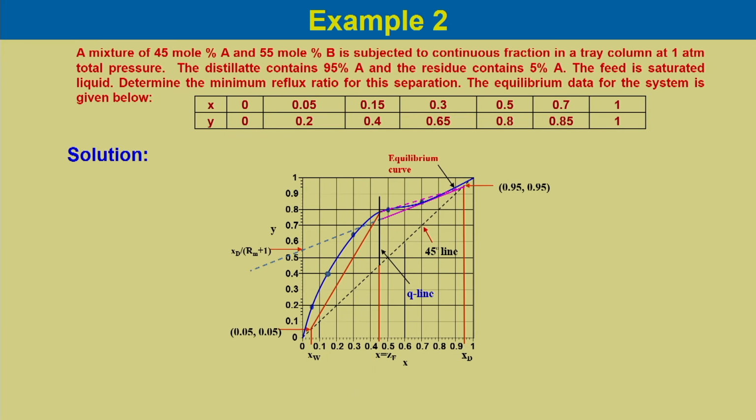To do this, we know the point xd, which is over here. This is the xd point, and this is the equilibrium curve which we have drawn here, and since the feed is having 45 mole percent A, ZF is 0.45, and the feed is saturated liquid.